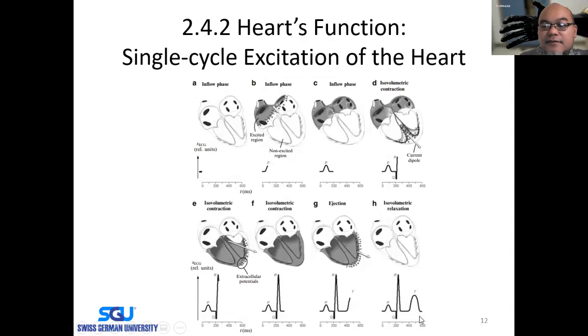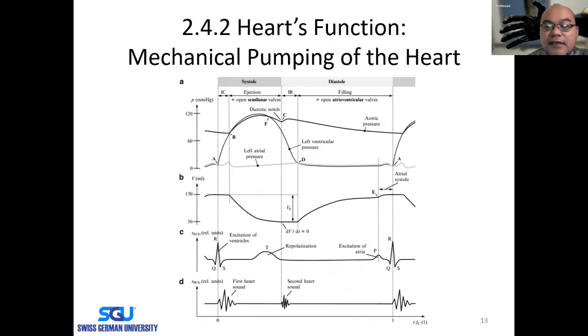The T starts the ejection. All the blood is completely ejected from the ventricles, and then relaxation starts before initiating the next cycle. So that is where we have this dicrotic notch, and then the diastole occurs.